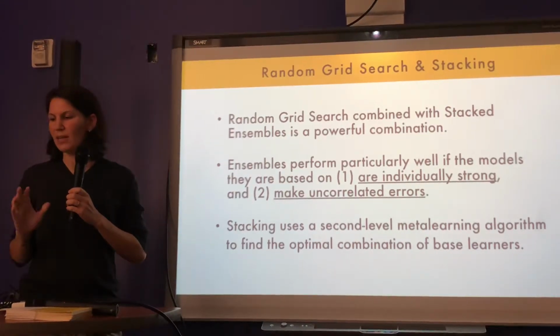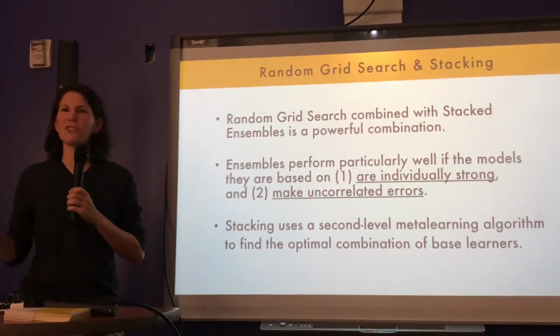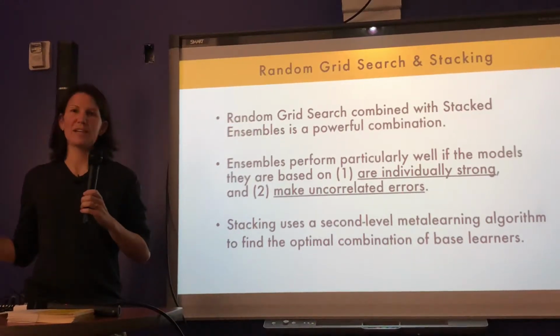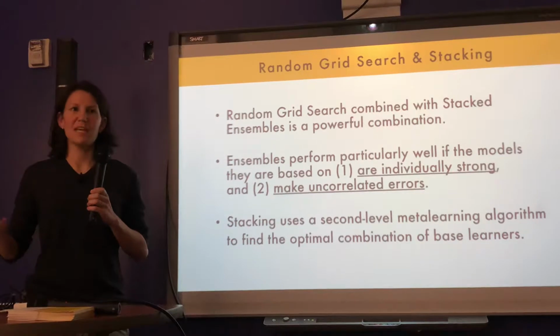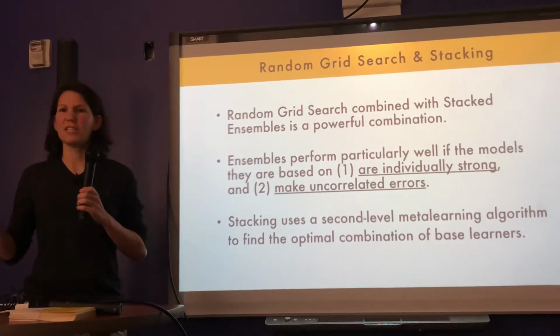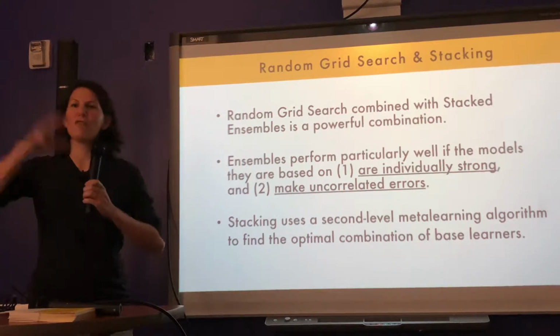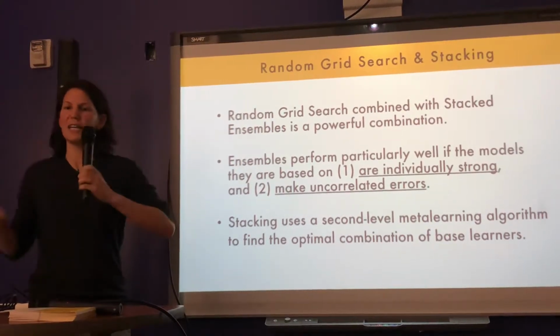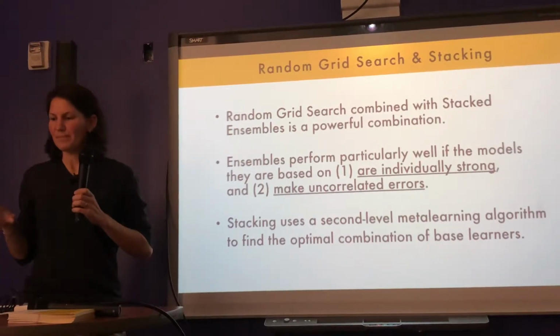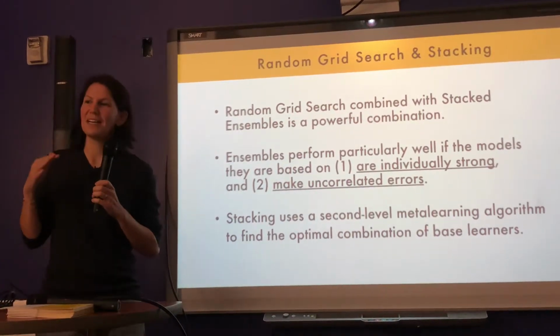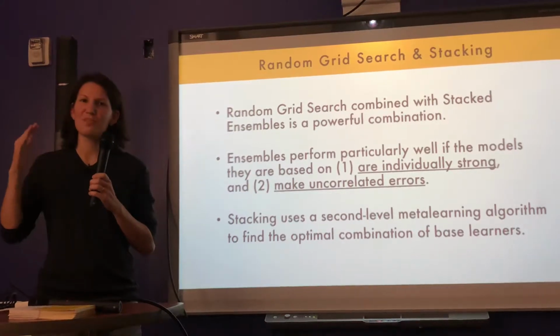From a statistical perspective, stacking does well when the models make uncorrelated errors, meaning they fail in different ways. There might be some data points where some of these models do better than these others, but overall these others do better. It's very mysterious how data is sometimes. Maybe your data set is not super homogeneous.